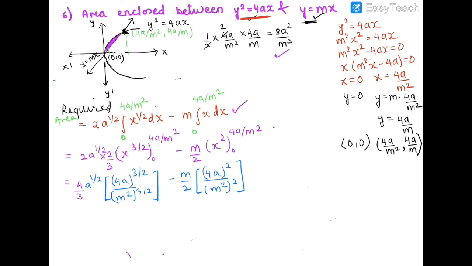And you can see here this part, a to the power 3 by 2, a to the power half plus 3 by 2 कितना हो जाएगा, a to the power 4 by 2, which is equal to a square.